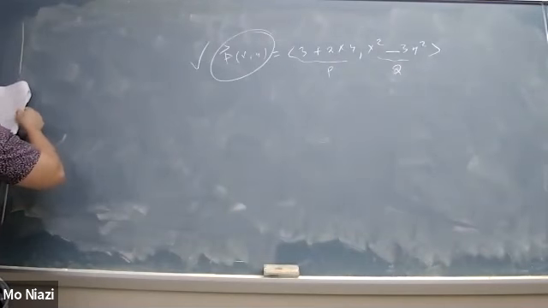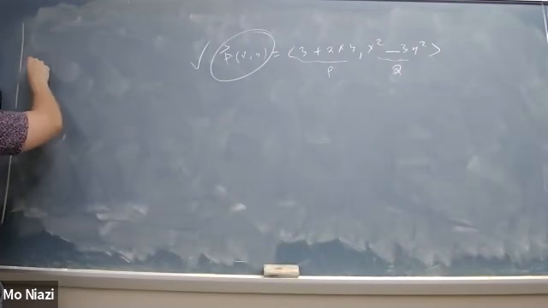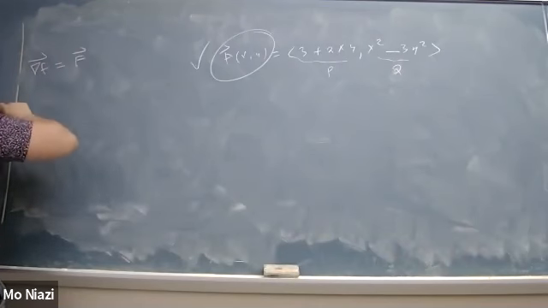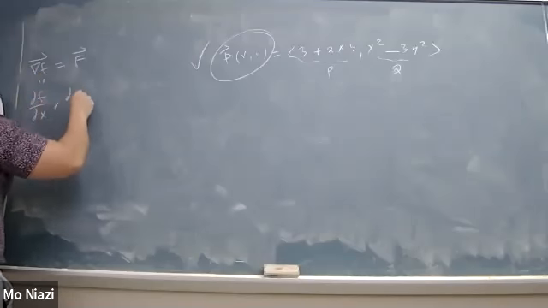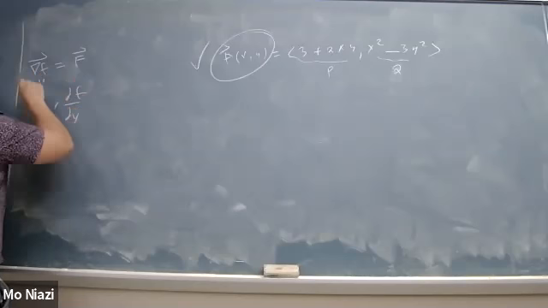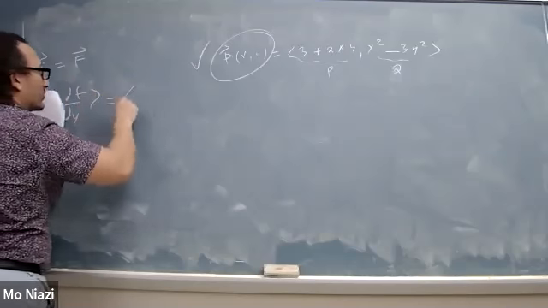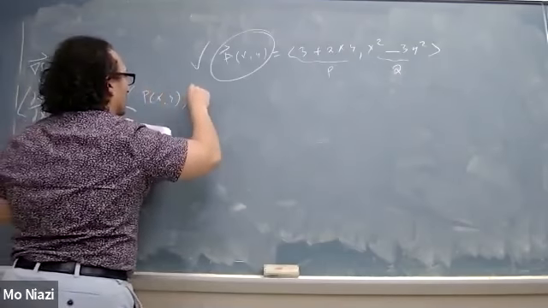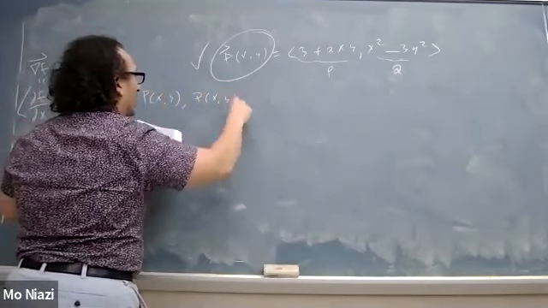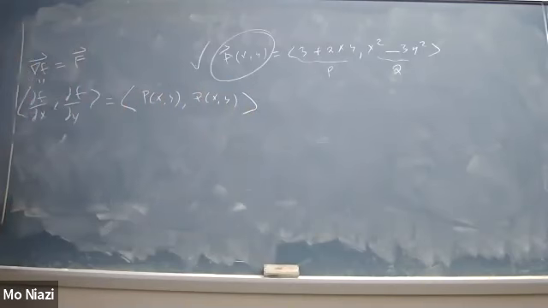Well, notice that the gradient of f, if it were to equal capital F, this is the same thing as ⟨partial f, partial x, partial f, partial y⟩, which is equal to ⟨P(x,y), Q(x,y)⟩.